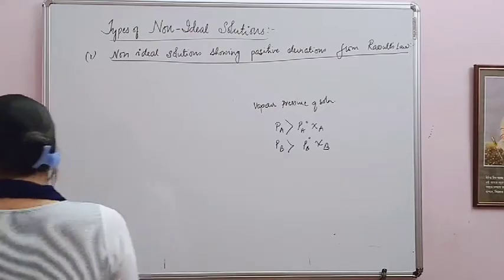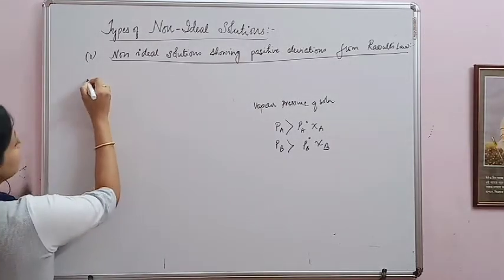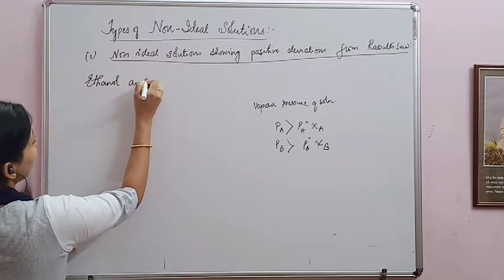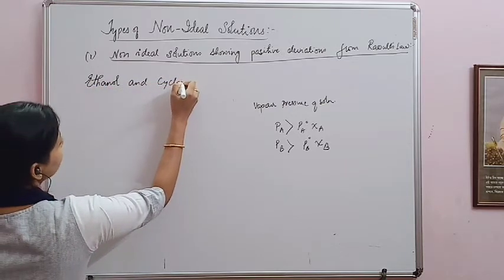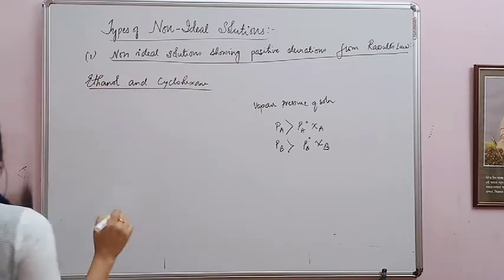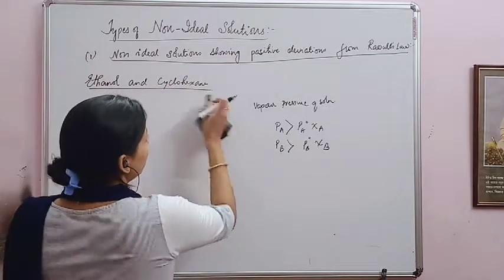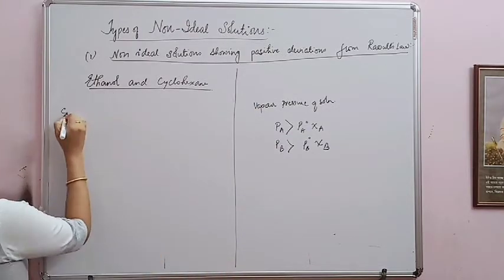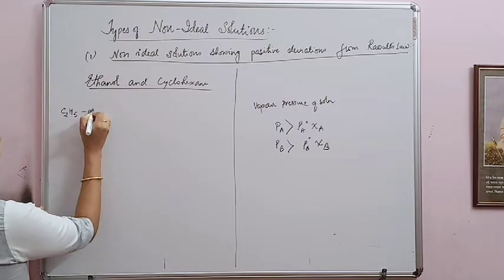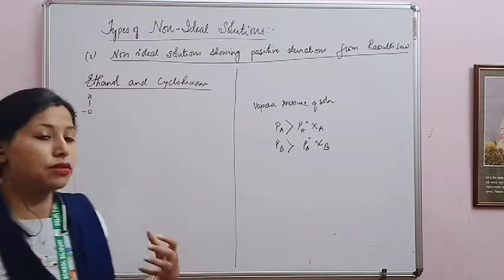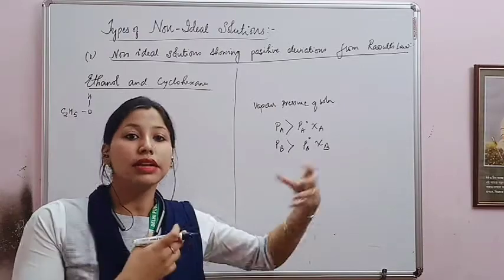The example that we will take is a mixture of ethanol and cyclohexane. Ethanol, C2H5OH.